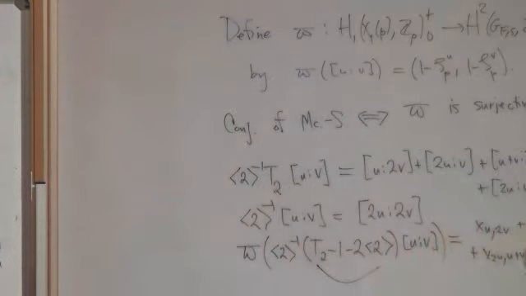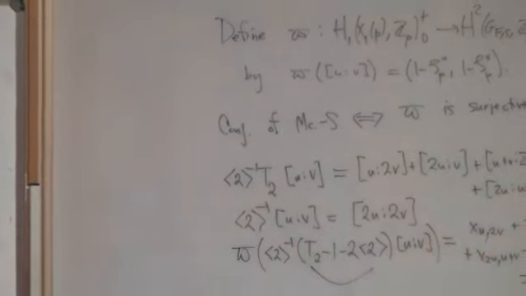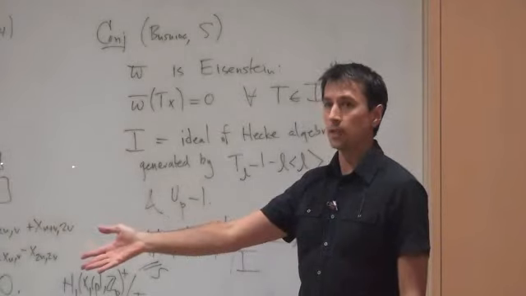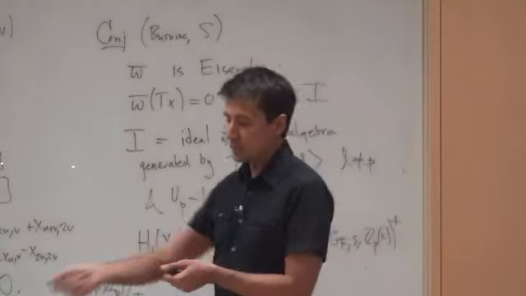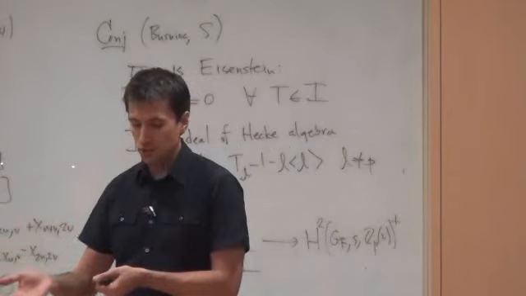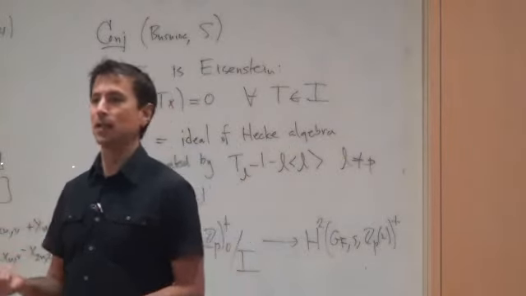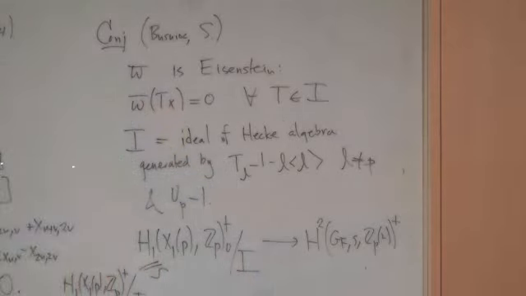And this map varpi that we're constructing here is just the composition of that map with specialization at the cusp at infinity. And it turns out that the specialization at the cusp at infinity is Eisenstein. Okay, so that's where the Eisenstein comes from, specializing at infinity.